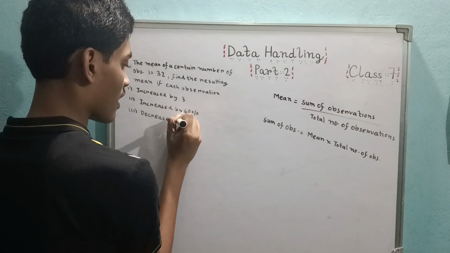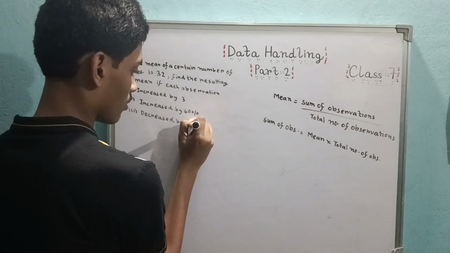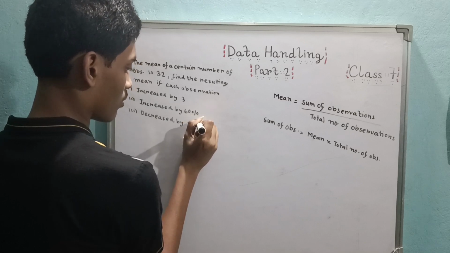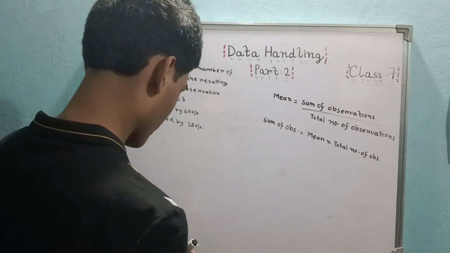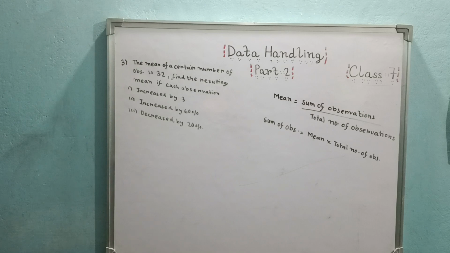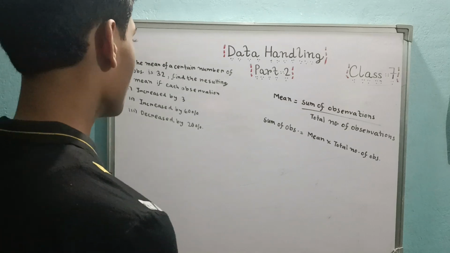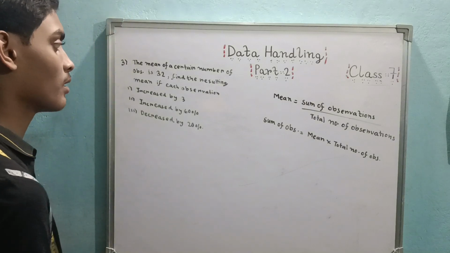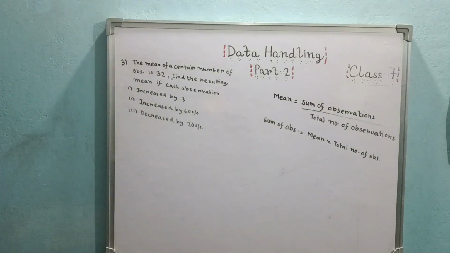My pen is tired. Okay, so what can it be? That's quite crazy because we don't know what the observations are and how many observations there are. We only know that the mean of a certain number of observations is 32.